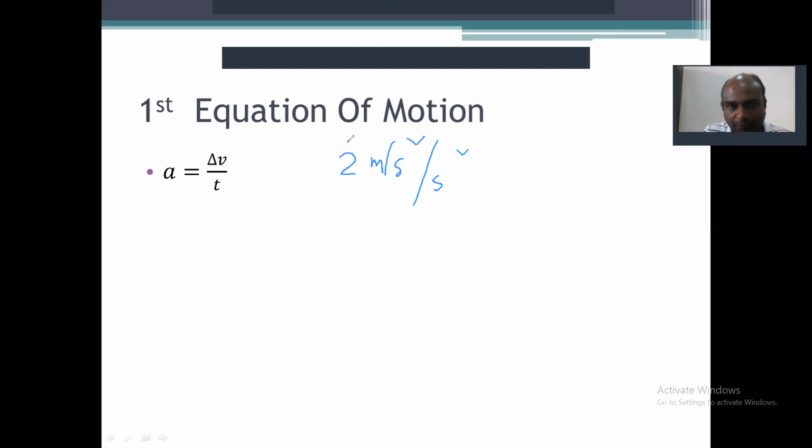So this 2 is a positive number, which indicates that the velocity is increasing. What is signified here is that the velocity of the object in concern is increasing by 2 meter per second every second. So when I say that a body is accelerating at the rate of 2 meter per second every second, it means that every second its velocity is increasing by 2 meter per second.